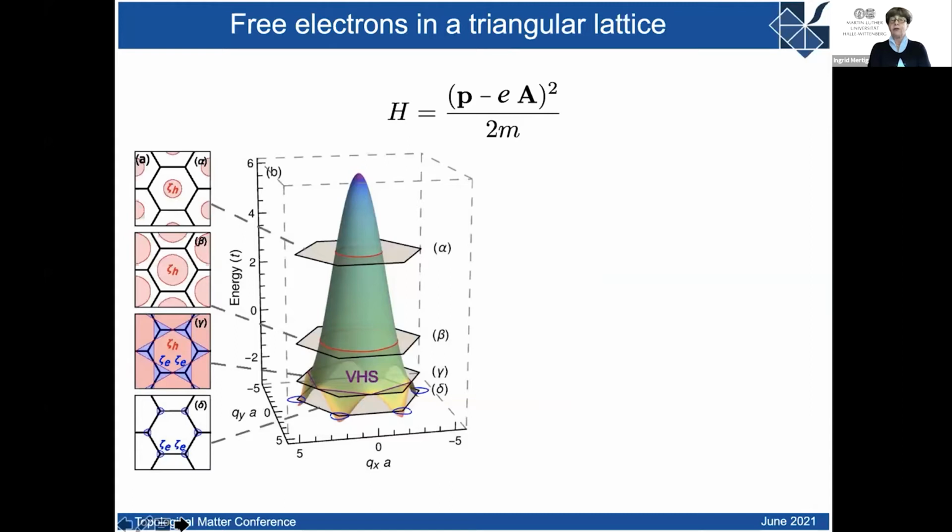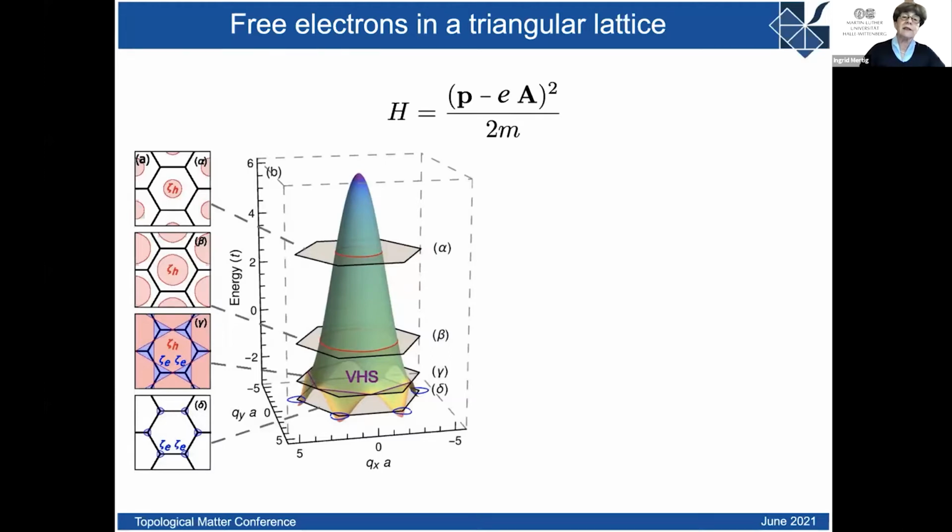And then we calculated for this homogenized field the following problem. We took free electrons in a homogeneous magnetic field in a triangular lattice, the same lattice as our skyrmion lattice. And the homogenized field enters our Hamiltonian by this vector potential. That's what you know from quantum mechanics lectures, that the field enters the Hamiltonian and interacts with the charge of the electrons by the vector potential.